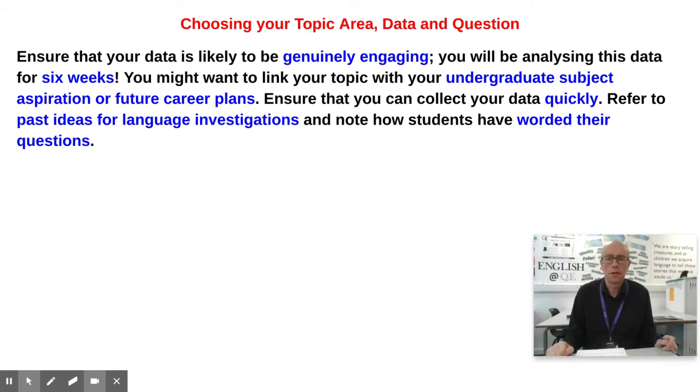It might be an idea to link your topic with your undergraduate subject aspiration, like if you've chosen a particular university course that you want to get onto. So it may link into that. It may even link into your future career plans. So, for example, if you were thinking, I really want to be a speech therapist, it would make total sense for you to be doing your language investigation where you're looking at the phonology of speech therapist clients.